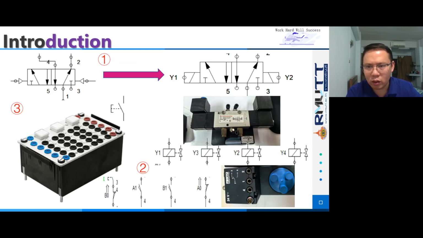In here, we can use the electric system to control the pneumatic work.